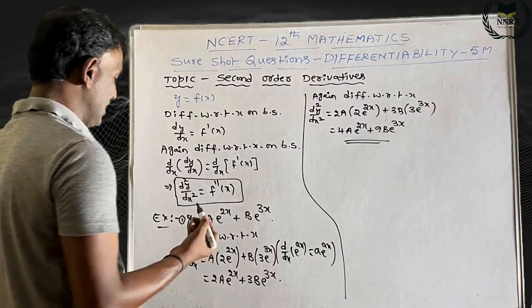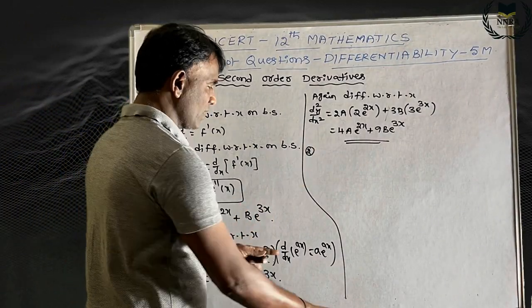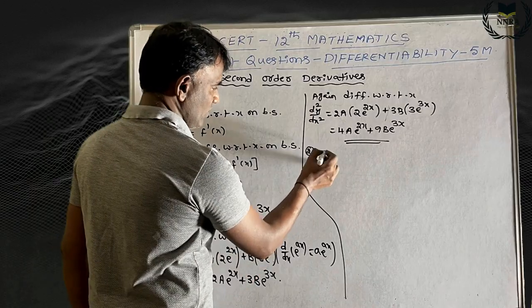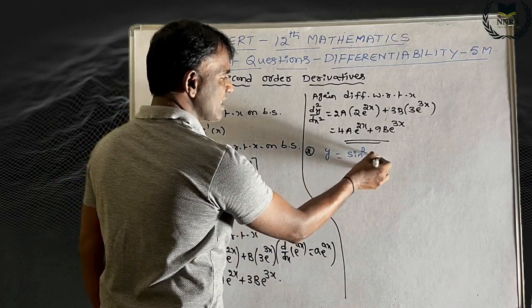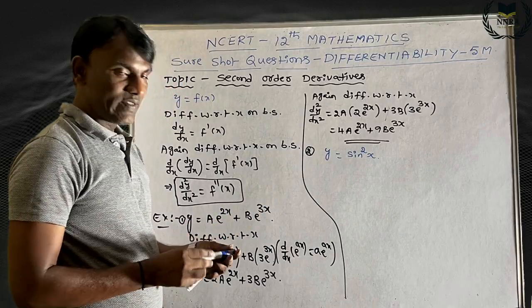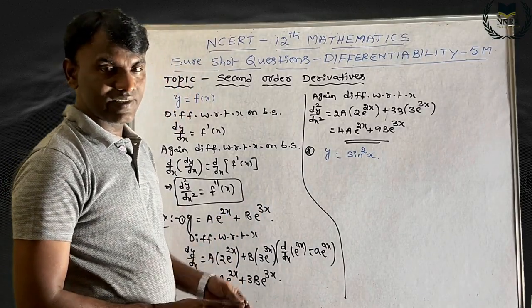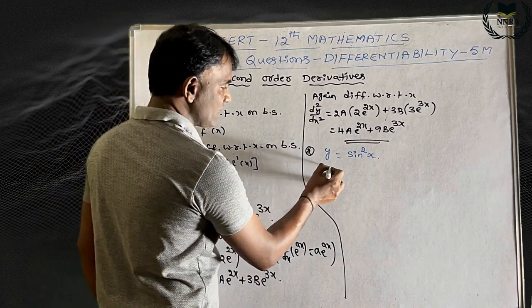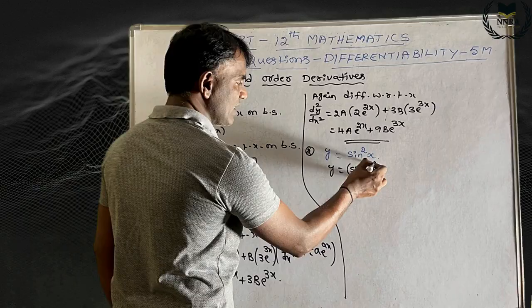Okay, and I'll give one more example, example number 2. Suppose y equal to sin square x is given. First we find dy by dx, after that we find d square y by dx square, right? Sin square x can be written as sin x whole square.